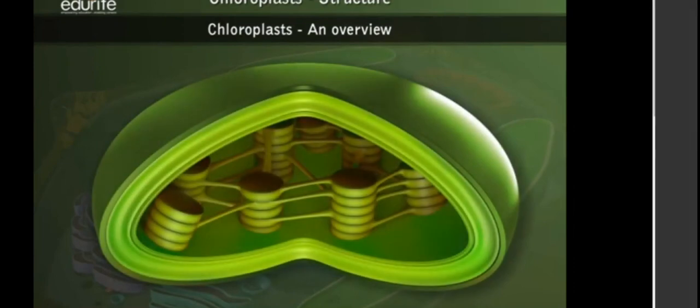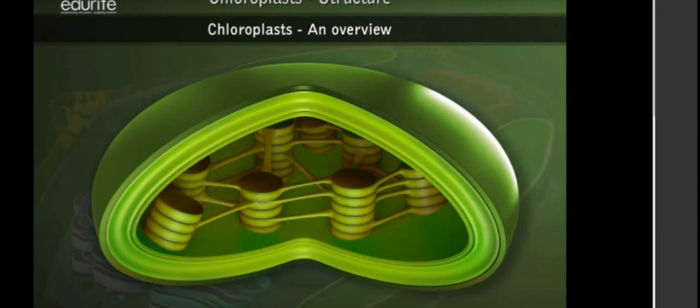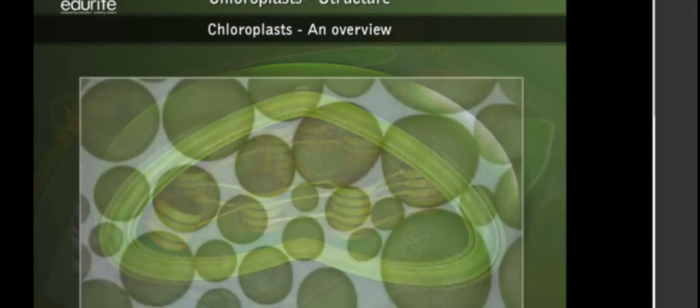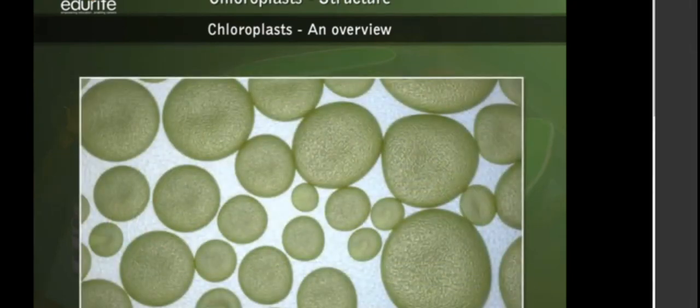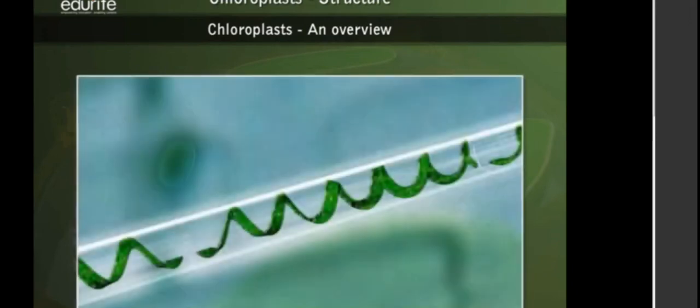All the green parts of the plants generally contain chloroplast, and its size generally ranges from 4 to 5 micrometers. The plants growing in shade regions contain larger chloroplasts in their cells than those growing in intense light, meaning much brighter light. And different types of chloroplast are found in different types of organisms.